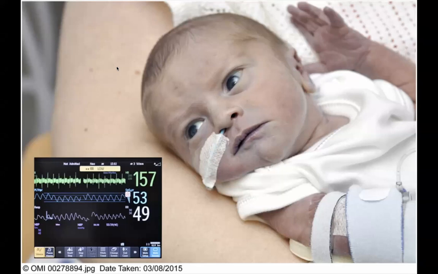Now the child is cyanosed and his SpO2 is 53 and it is not improving with oxygen. So what is the first step you will do for this child? As you already told me, we provided him oxygen and there is no improvement in the oxygen saturation.